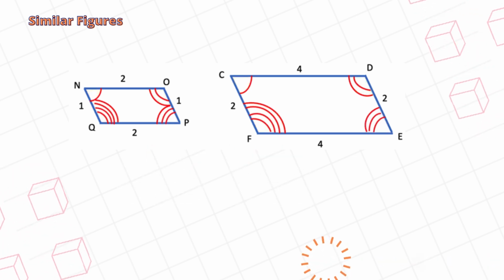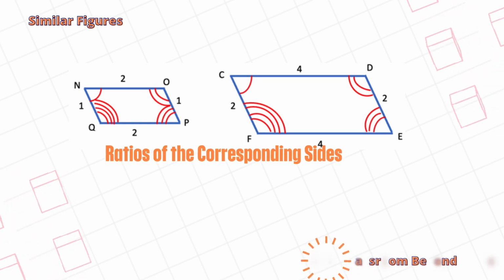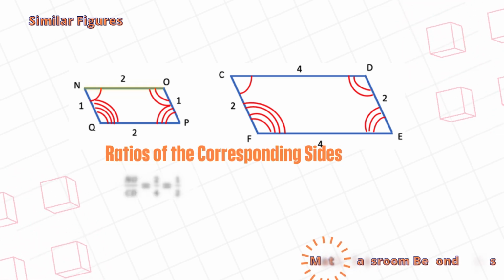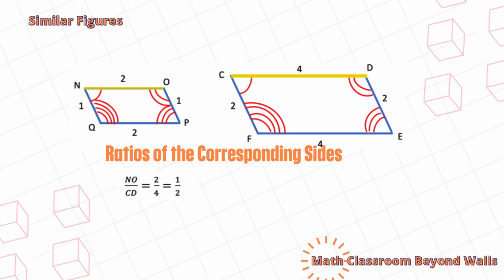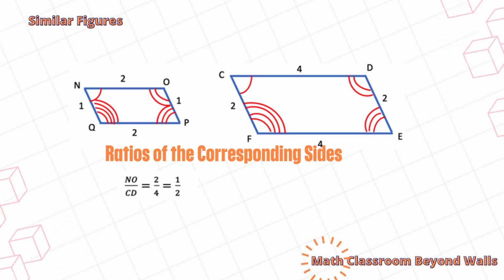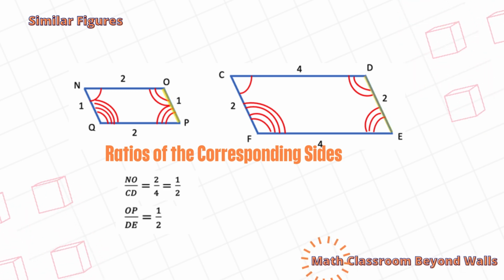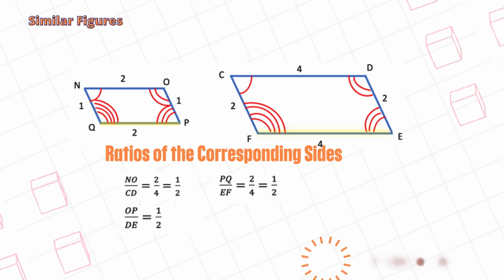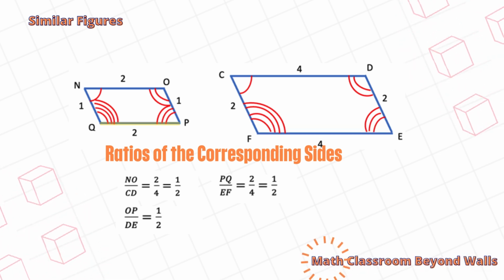Let us look at the corresponding sides this time and take the ratios. We have NO over CD is equal to 2 over 4 is equal to 1/2. OP over DE is equal to 1/2. PQ over EF is equal to 2 over 4 is equal to 1/2.